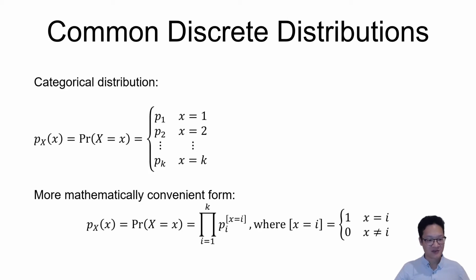Okay, a generalization of the Bernoulli variable is the categorical distribution. So this is basically saying that the probability that the random variable big X equals little x is equal to p_x, where little x can be a value from 1 to k, and the probabilities are p1 to pk.